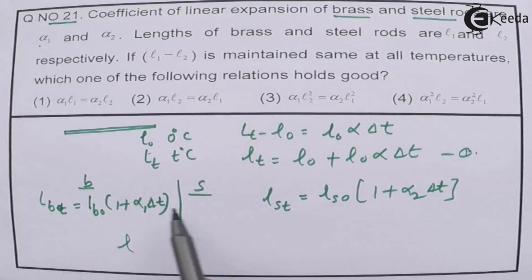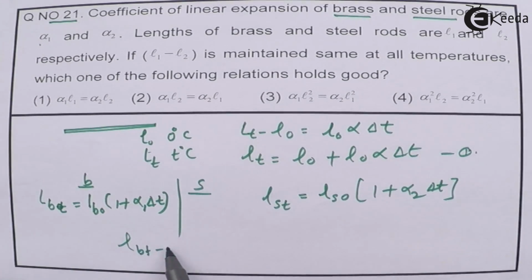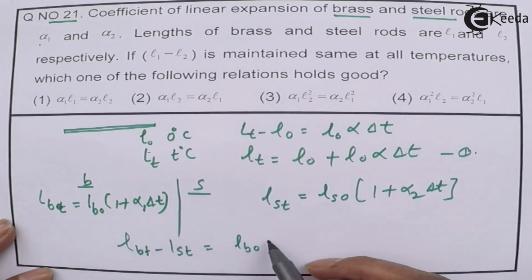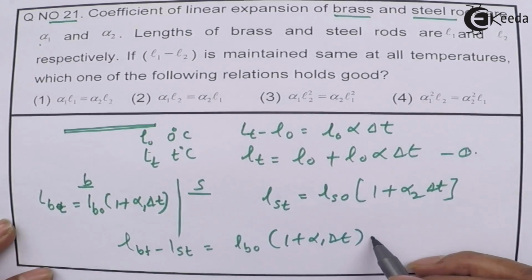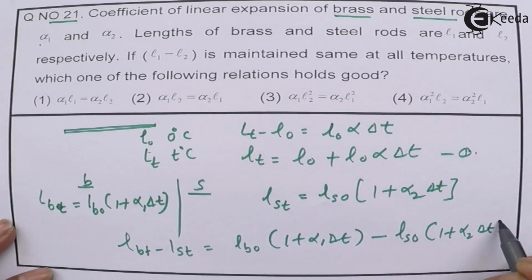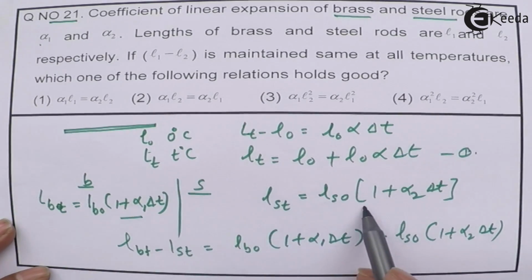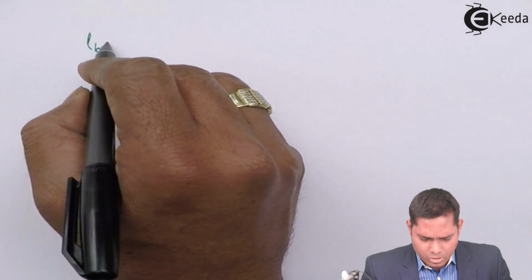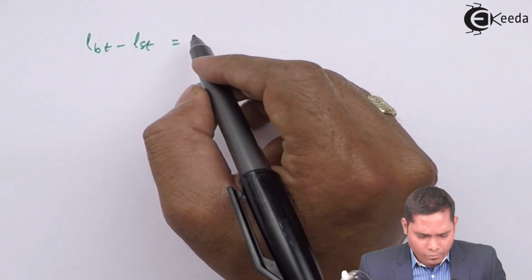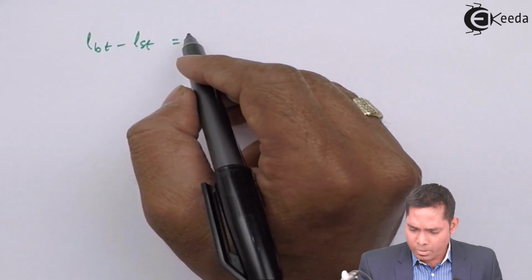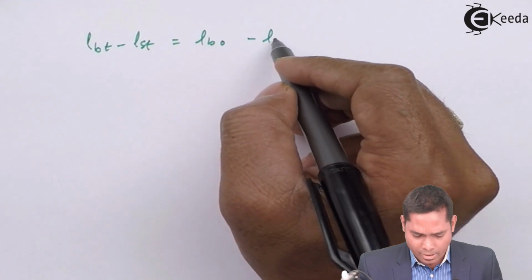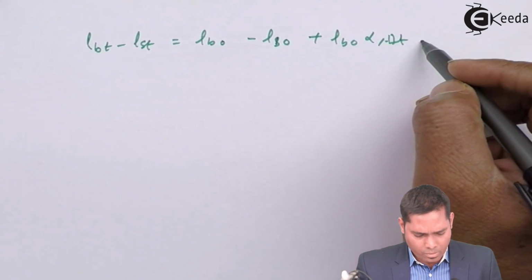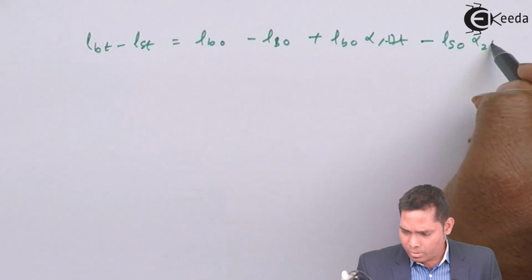So if I take the difference of these two, LBT minus LST equals LB0 into 1 plus alpha 1 delta T minus LS0 into 1 plus alpha 2 delta T. If I open this bracket, this will become LB0 minus LS0 plus LB0 alpha 1 delta T minus LS0 alpha 2 delta T.